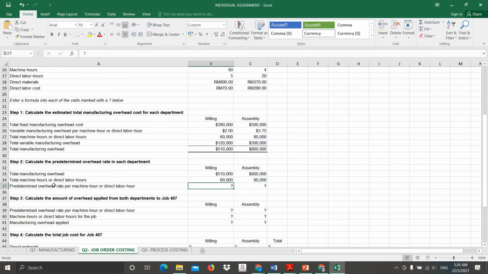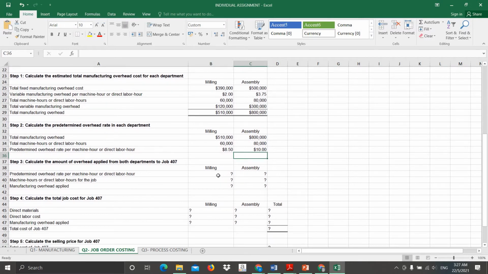So to get the predetermined overhead rate, we need to divide total manufacturing overhead with total machine hours for a milling department, and for assembly department, we need to divide with direct labor hours.